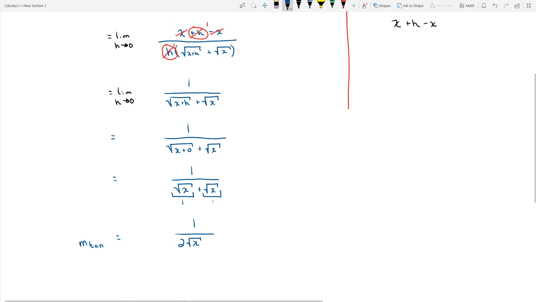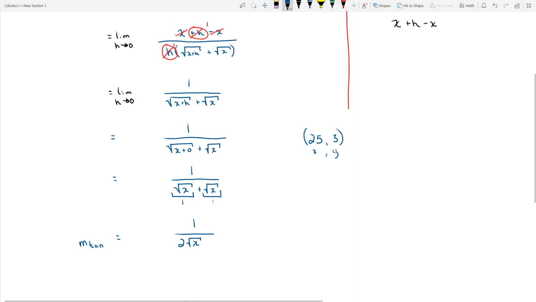What I mean by that is now that we have this formula, if we had the point 25, 3, and we wanted to know the slope of the tangent line at that given point, we can now just plug our x value into our slope formula.